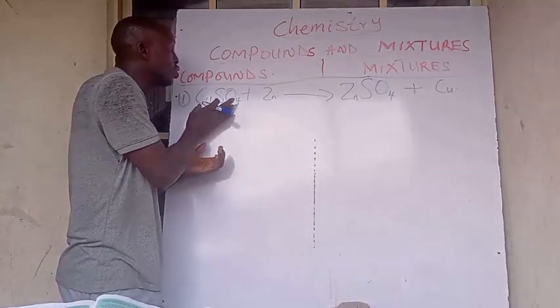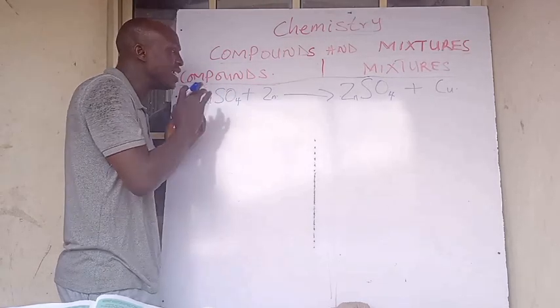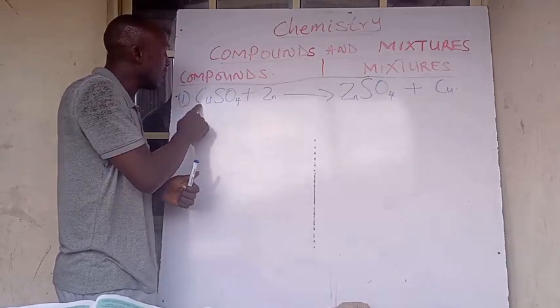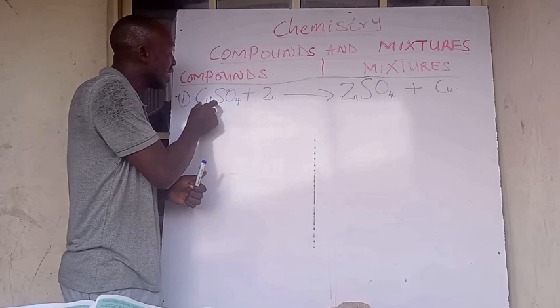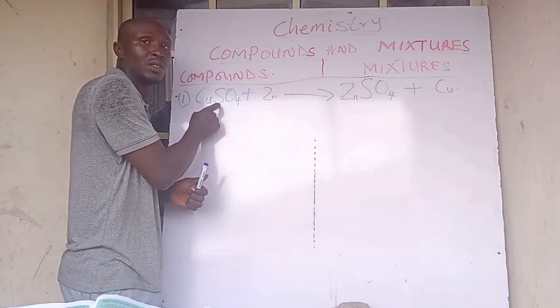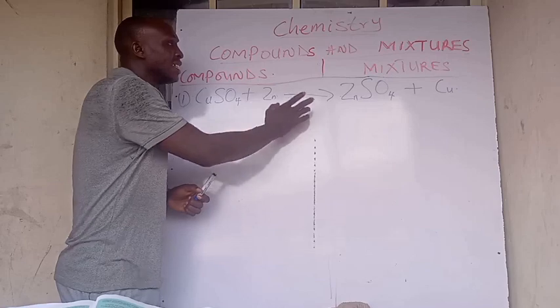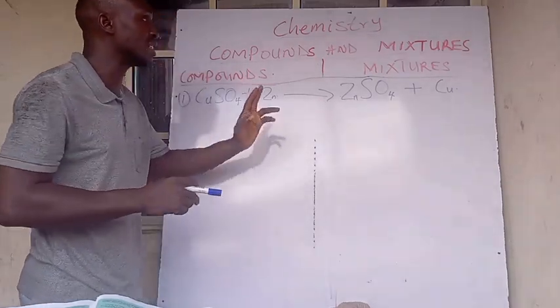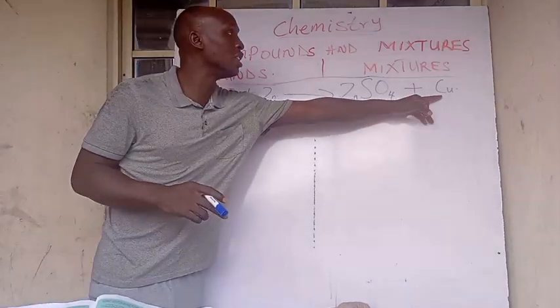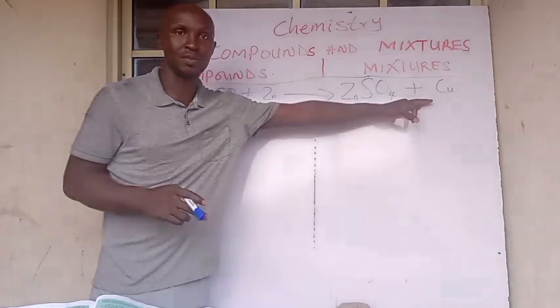And copper 2 salt is a compound. It's a compound because copper is chemically bonded with the sulfate. So that is to say that this is a compound, and you have seen that in some cases like this, the element or the constituents of the compound is liberated.